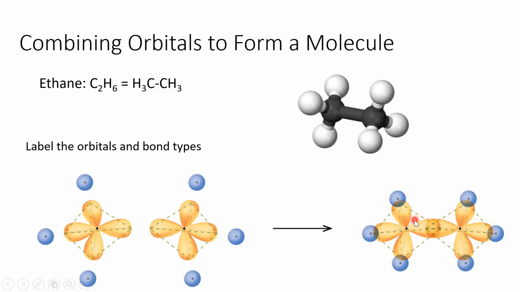But in order for us to have a tetrahedral arrangement around this carbon, it would have to be sp3 hybridized. And in order to have a tetrahedral arrangement around this carbon, again, it would have to be sp3 hybridized.